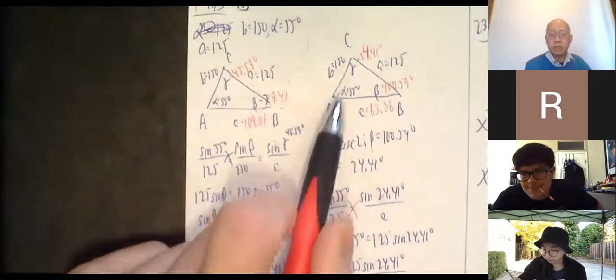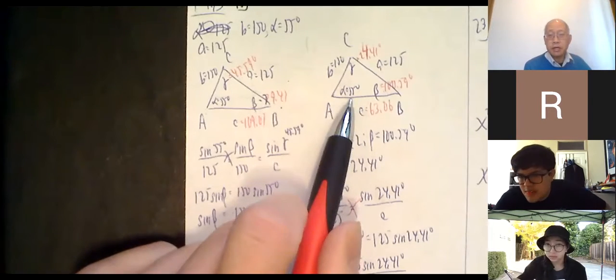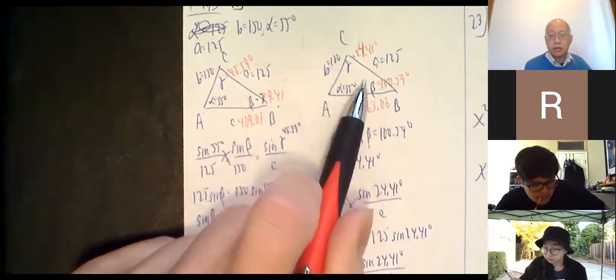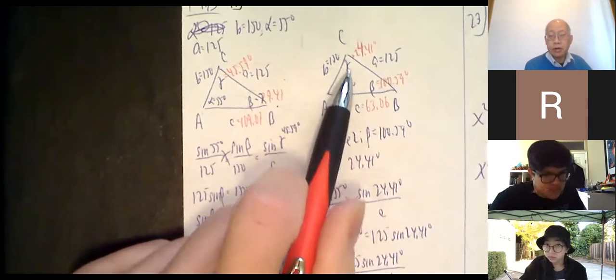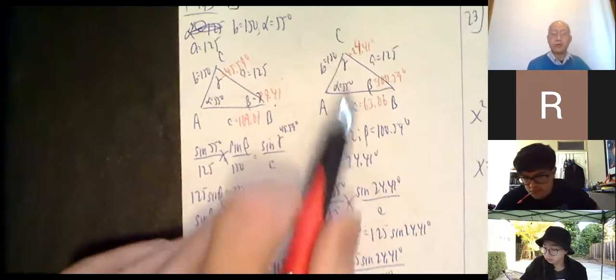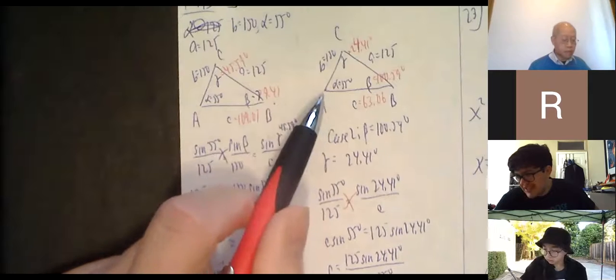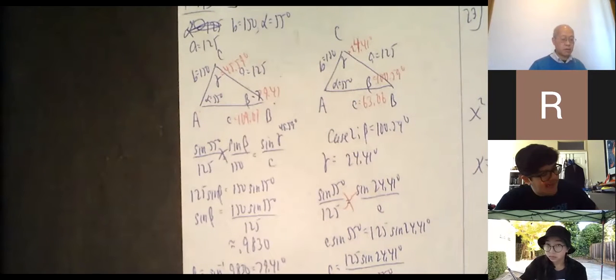But that changes over here, maybe, let's see. Largest side, largest angle, that's still correct. And smallest with smallest, yes, that still fits. Okay, so largest side is opposite the largest angle, smallest side opposite the smallest angle.